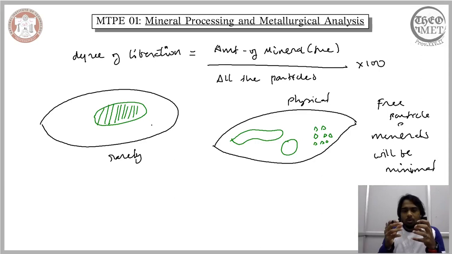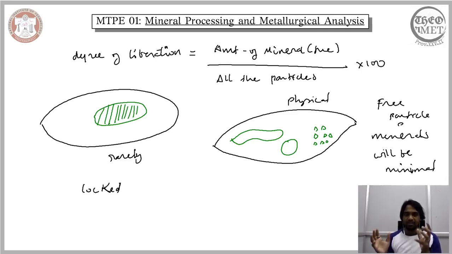So what would be the high percentage? If you consider the high percentage category of particles, it would be locked particles. In the purely theoretical case, which we use to understand the different factors involved in devising the comminution, or how the process of comminution is planned, we consider the basics of how comminution helps us liberate the gangue from the mineral.